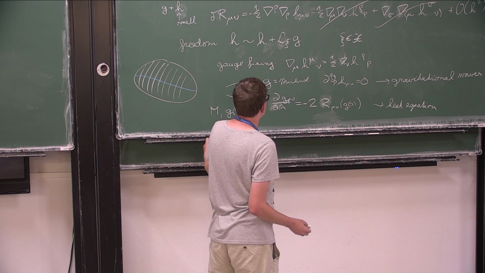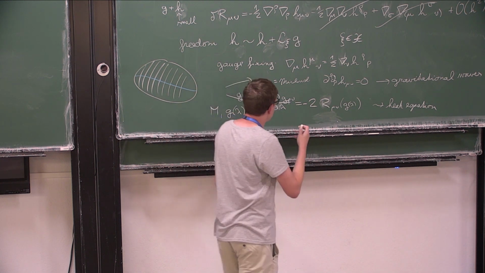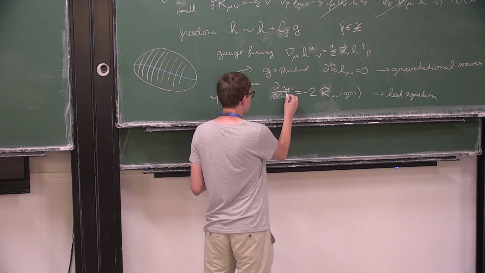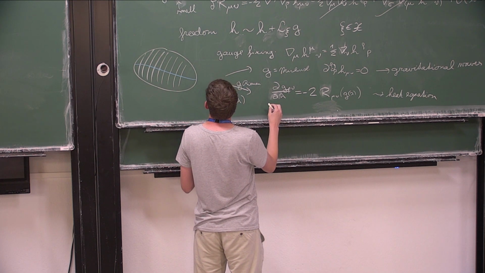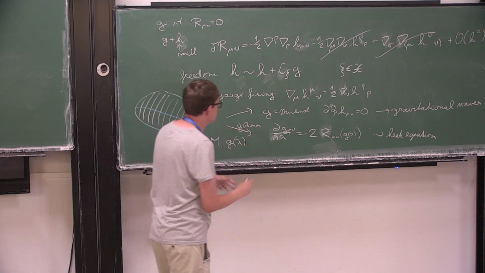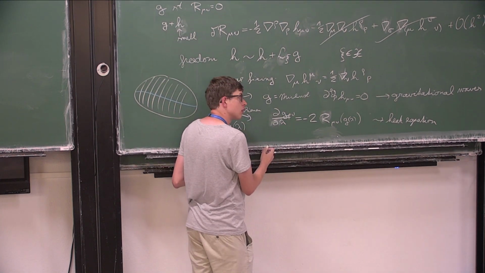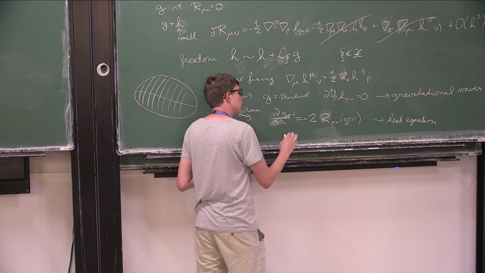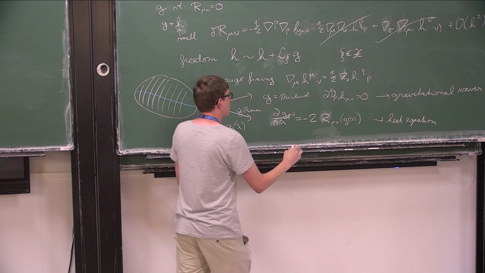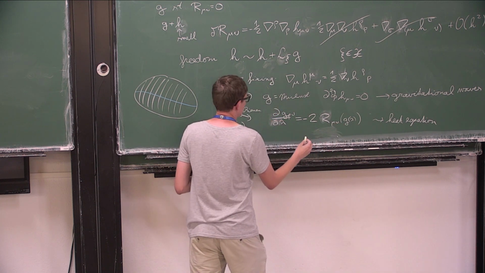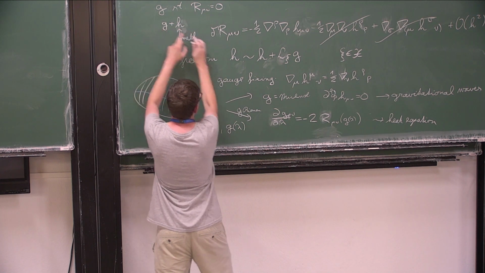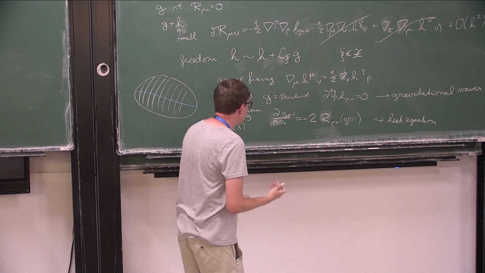The way you should look at it is that you see this as an equation for H, like you fix your G and you look at this as an equation for H. Then this whole thing is like Ricci for this guy plus the rest.